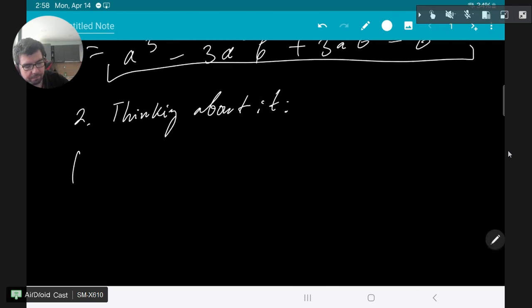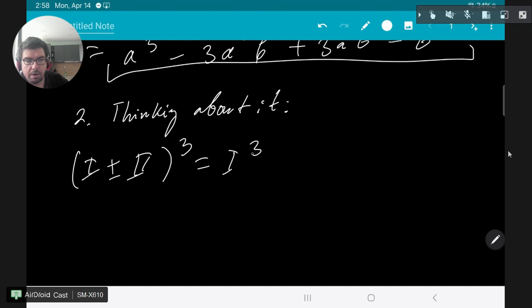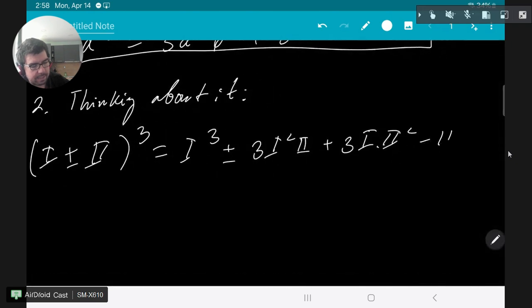So (first plus or minus second) to the power of 3 is the first to the power of 3, plus or minus 3 times the first to the power of 2 times the second, plus 3 times the first times the second to the power of 2, minus the second to the power of 3. Okay, this is how I think about it.